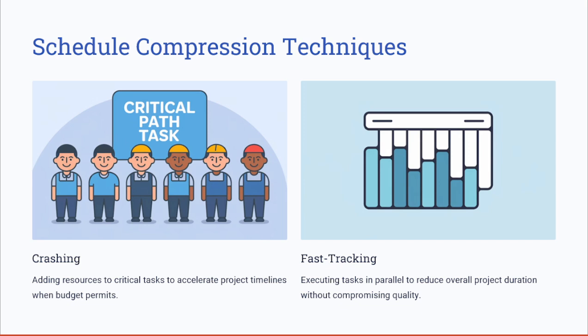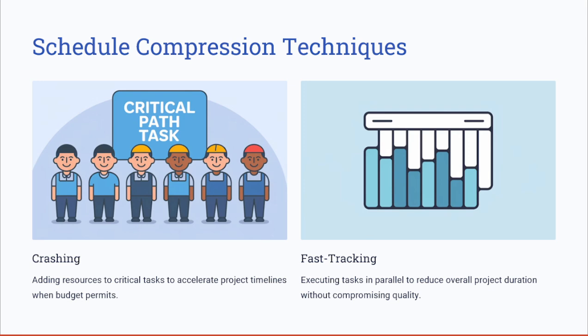There are some drawbacks to the crashing technique. First, you need to consider that crashing will cause increased costs due to the additional labor or material. When you are adding extra resources, whether human resources or material resources, think that this will mean an increased cost.